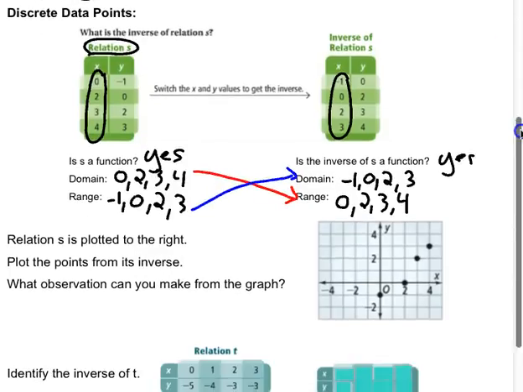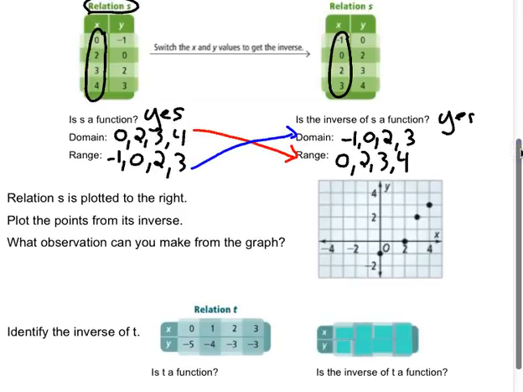There's another neat thing that happens when you look at the graphs of these. So right now, the graph of S is already plotted. So I want to plot the S inverse. I'm going to plot those 4 values, and hopefully you can notice something. Notice what happens when I draw in that line.